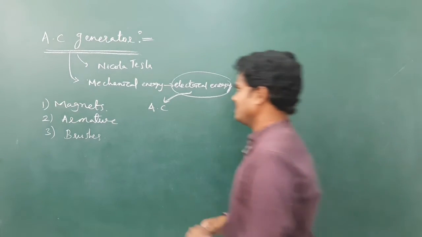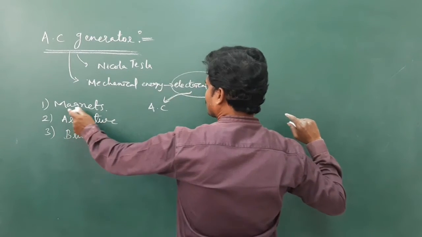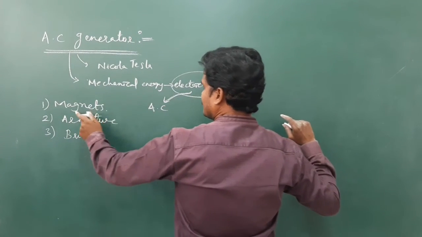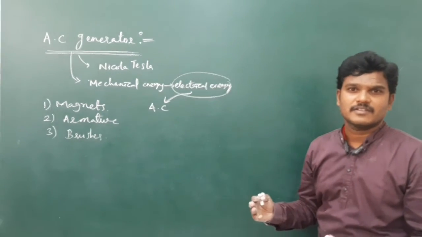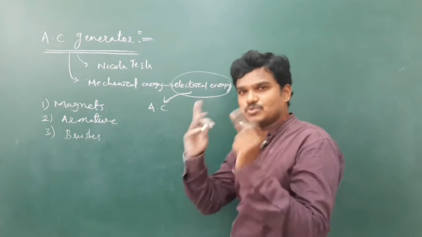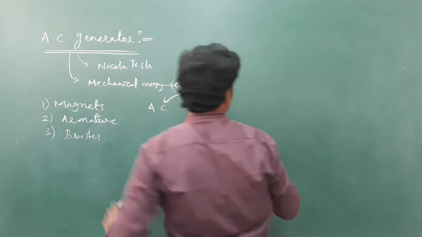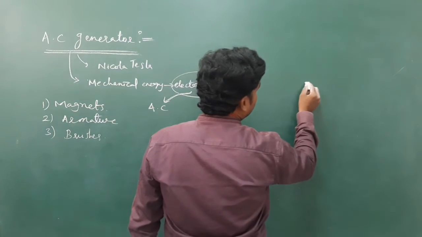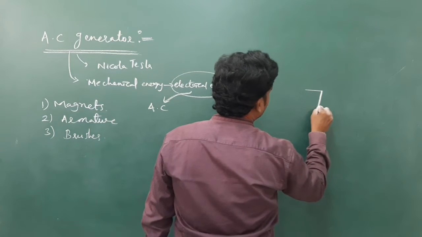So I am going to draw the diagram here. It consists of two strong magnets. These two strong magnets produce a strong magnetic field in between them, and those two magnets are separated by some distance. See, these are the two strong electromagnets.